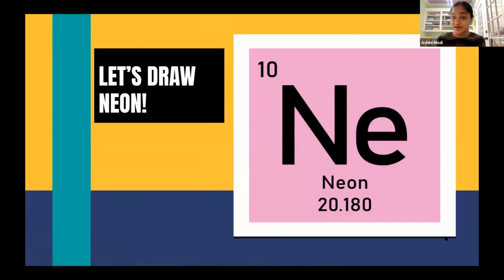Draw as many energy levels as you need by drawing circles, and then draw the number of electrons on each energy level. Remember, the first one can only hold 2 electrons, and the second one can only hold 8. Just give me a thumbs up when you think that you're done drawing your diagram.